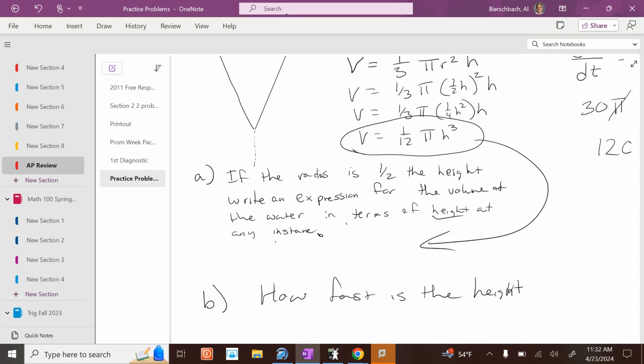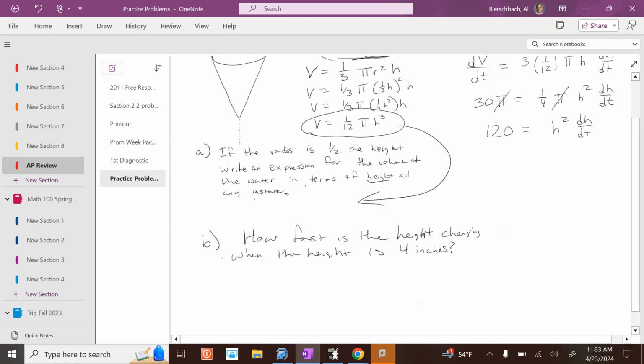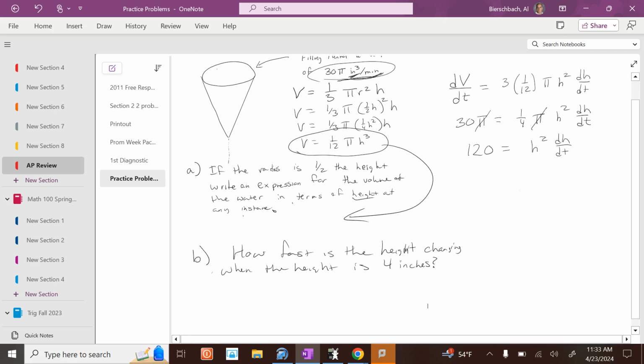So it's not draining yet. When the height is 4 inches. How fast is the height changing? How fast is the height changing when the height is 4 inches? Okay?